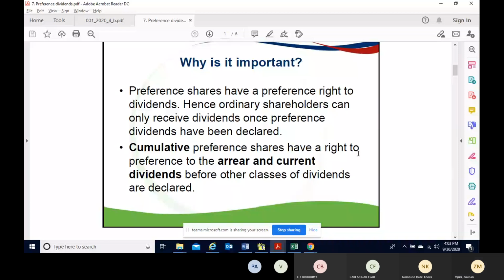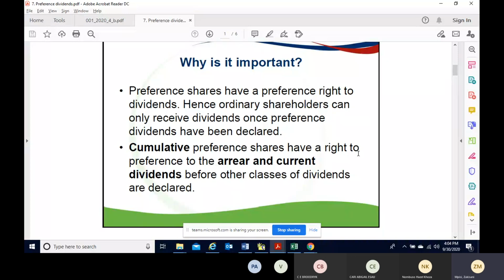So, preference dividends or preference shares. Why is this particular study unit very important? Specifically for you, it's important because you want to learn the treatment of preference dividends during the consolidation. So how do you deal with preference shareholding and preference dividends?